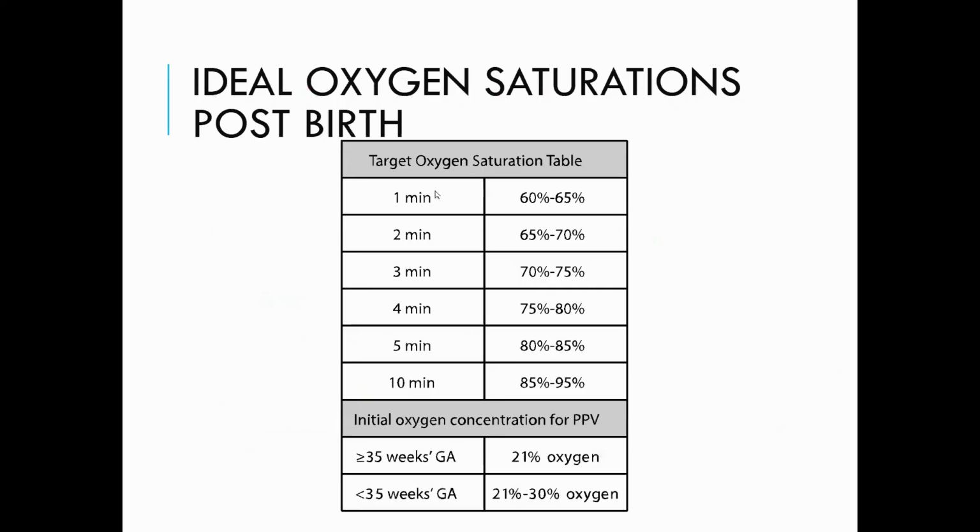So these are the ideal saturations after birth. Don't be surprised if at 3 minutes the baby sat is 73%. Don't freak out. That is normal for their age. This chart is also on the NRP chart, so you can see what the normal saturation should be in the minutes post birth.